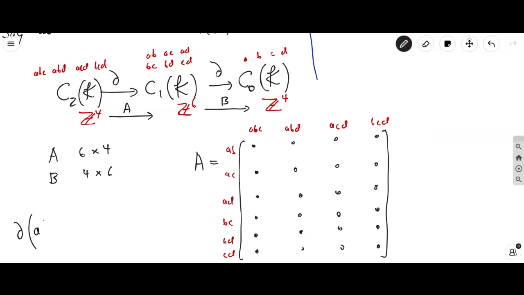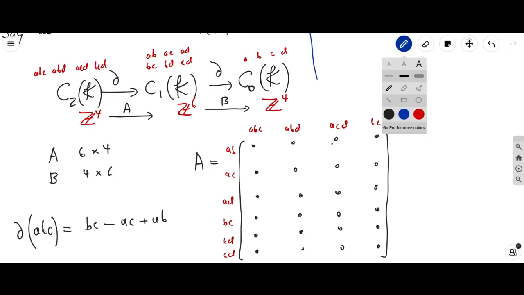Delta applied to ABC. When you write it out, you drop the 0th one, so you have BC. Then you have minus, you drop the one in the first position, AC. Then you drop the last one, so that would be plus AB. So that's the way you write it out, in terms of the basis elements. Now you see the coefficients here are 1, -1, and 1.